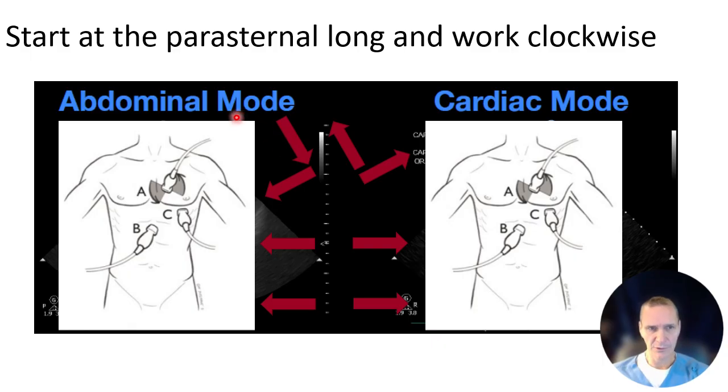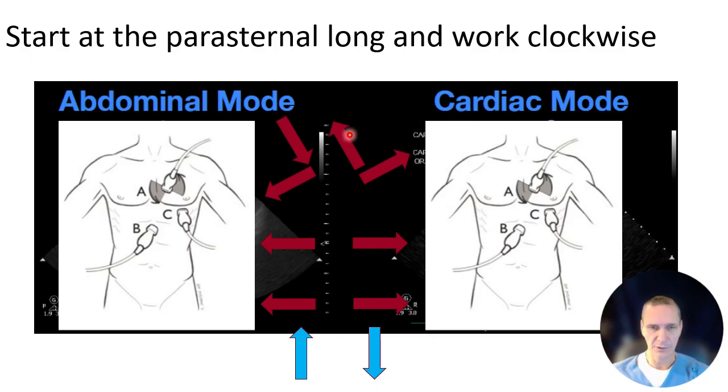If you're in abdominal mode, the goal of the parasternal long will be to get the apex of the left ventricle on the left-hand side of the screen. So we'll start with the indicator pointed at the 5 o'clock position, then do a 90-degree turn to the right for the parasternal short, then we'll get the apical four-chamber, and then the subxiphoid. After that, you'll make one more turn, and you'll get the IVC.